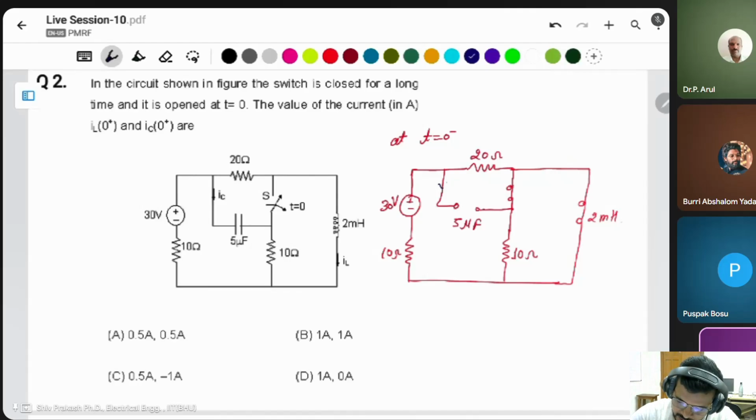This current is IC and this current is IL, the inductor current given in the question. In this case, you have to calculate the initial voltage of the capacitor and the initial current of the inductor.